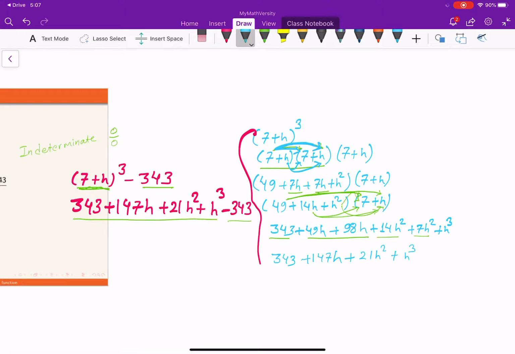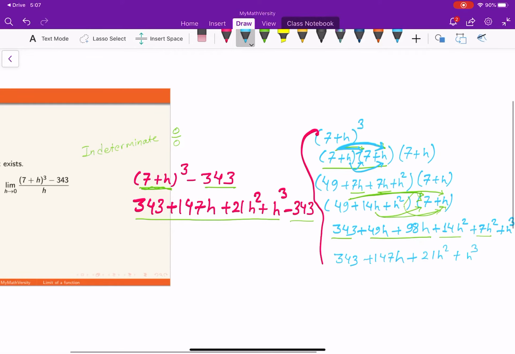All right, so that's what we get in the numerator. But when I combine, you can see 343 and then 343, I get 0, right? So I can cancel that out, and then I'm left with 147h plus 21h square plus h cube. So that's what I get on the numerator.